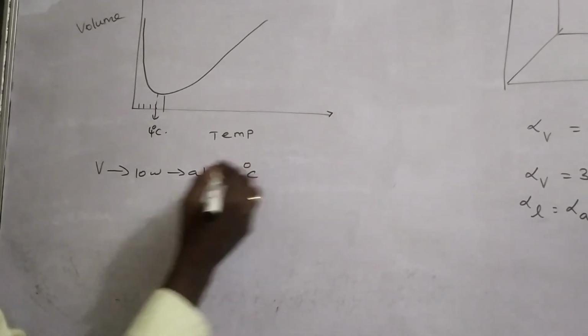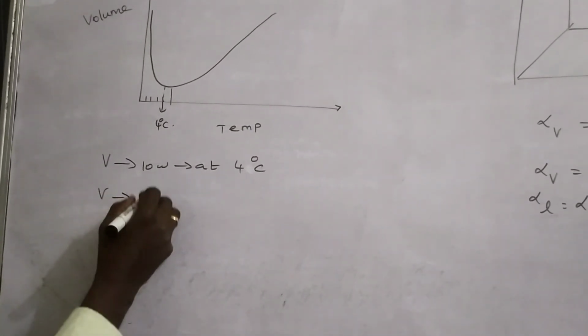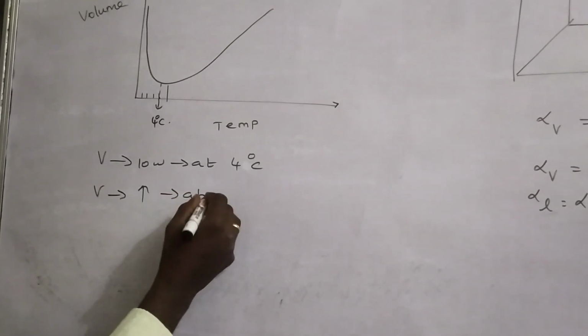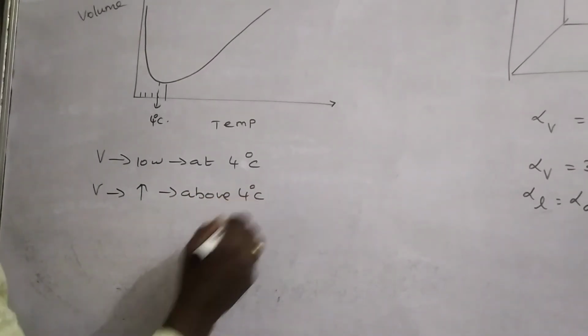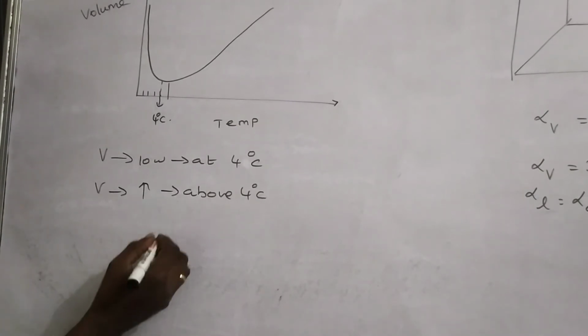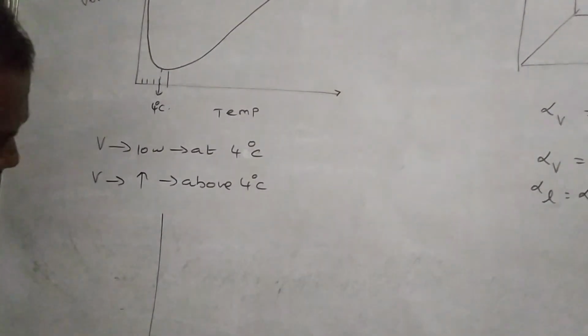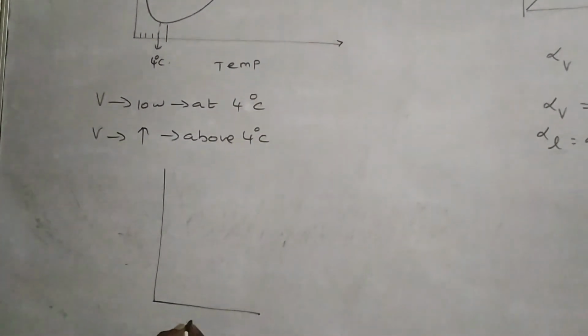Above 4 degrees Celsius, volume increases. Density is equal to mass by volume, so volume and density are inversely proportional.